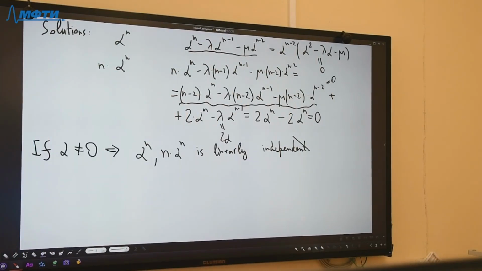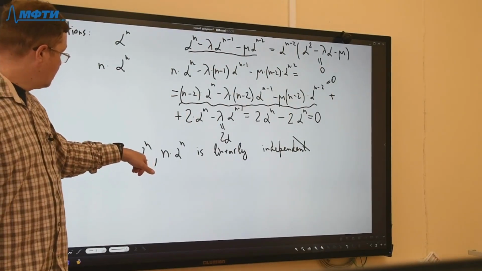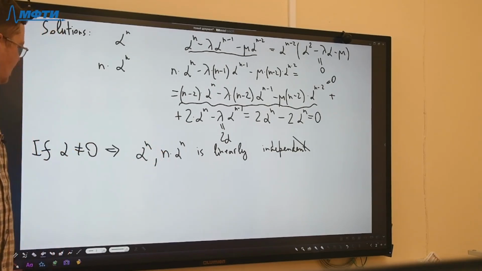By this I mean that we cannot multiply alpha^n by some constant to get n times alpha to the nth power.